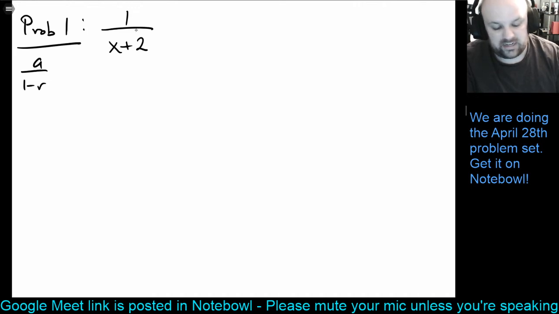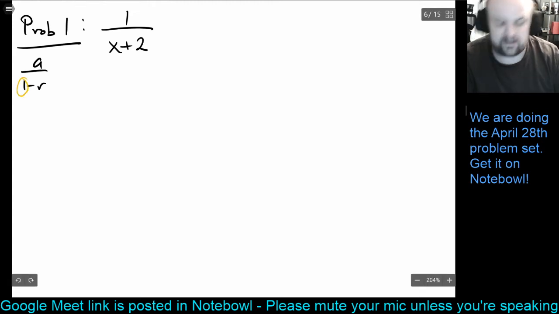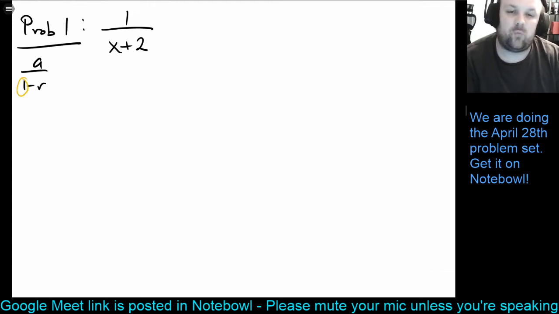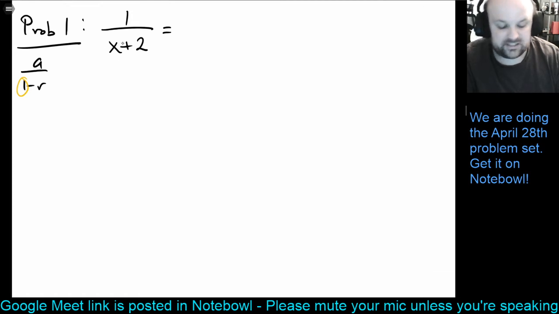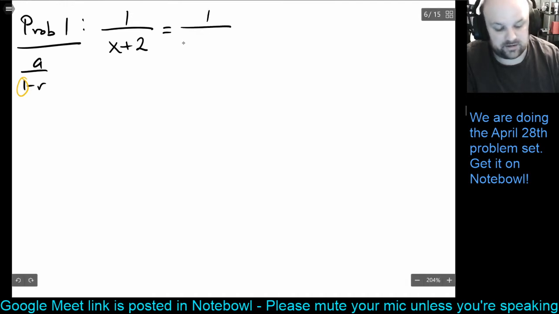Well, when we're trying to turn this into this form, the most important thing to get is this 1 right here. Because once you have that 1, the rest of this is just going to fall into place. Right? So here's what I'm going to do. I'm going to change the order of these first off, just so it looks like this. But I'm going to factor a 2 out of the bottom.